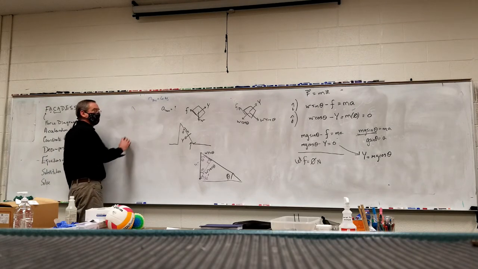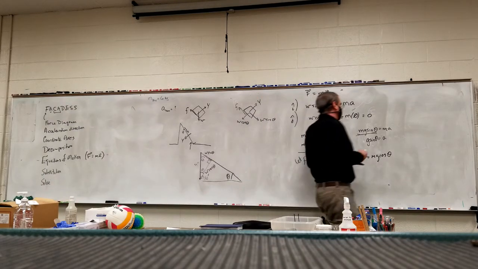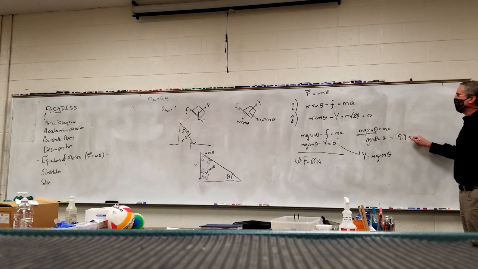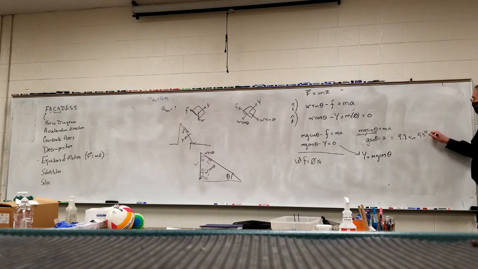So we're not solving? Oh, that's right. We can do that. So this becomes 9.8 times the sine of 53 degrees, which puts it at 7.81, or 7.82. I'm not buying that.